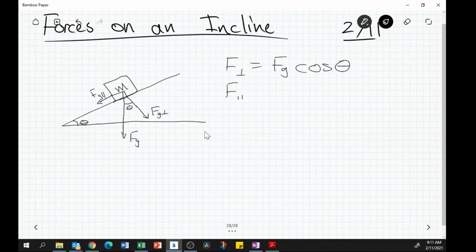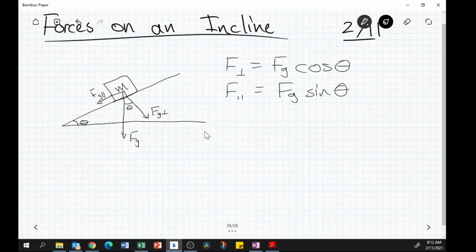And our parallel force is going to come from the sine of our gravitational force. Remembering that when we take cos or sine of an angle, we end up with some number between 0 and 1 generally. So we end up with a fractional amount because we're taking a fraction of that gravitational force, because only part of the gravity is going parallel and only a part of the gravity is being applied perpendicularly.